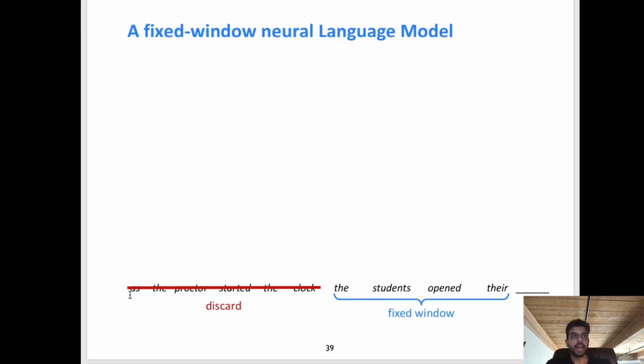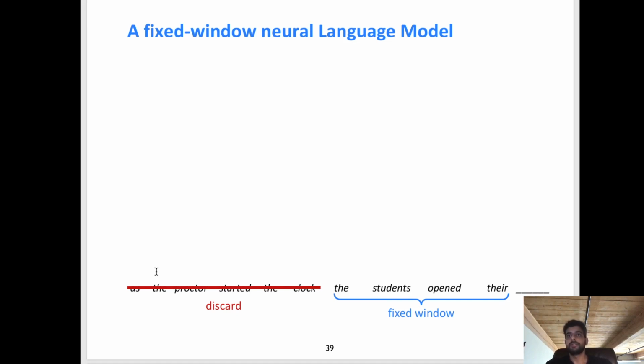So if we had "the students open there" occurring in the context of a larger piece of text, as in "as the proctor started the clock, the students opened their blank", we're going to just discard the parts that are outside our fixed window. In this case, our window is just 4 words. Later, we'll look at models that don't have this limitation and can theoretically handle unlimited context, although practically that's not true.